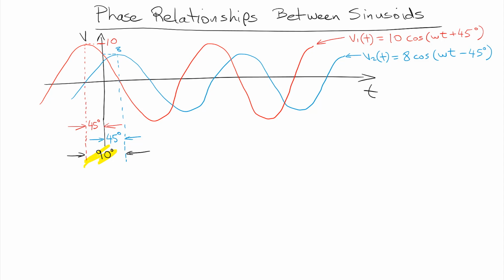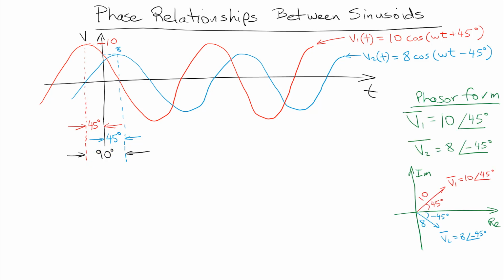Okay, so now let's look at what the phasor form is going to look like for those waveforms. When we're looking at the phasor form, we just drop down the magnitudes. So we have a magnitude of 10 for V1, and in the phasor form, that's the number that we use, 10, and we bring the phase angle down, and it becomes 45 degrees.